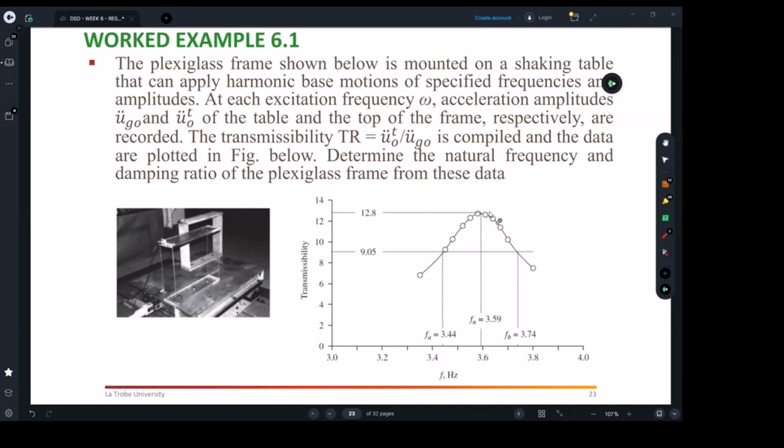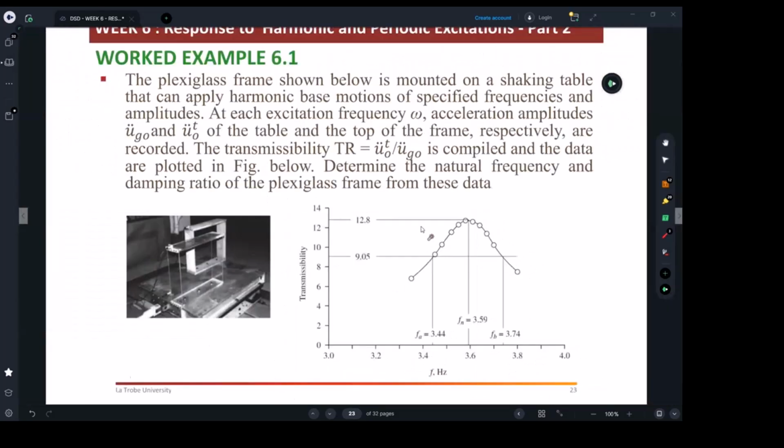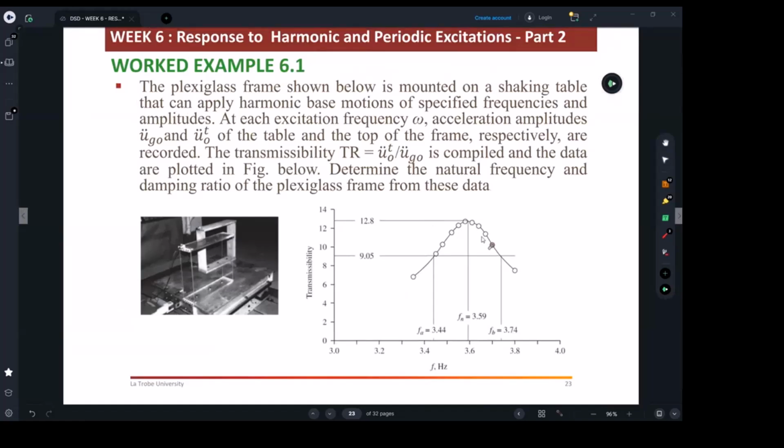If we're testing a floor, you can sense high vibrations or high displacement within the floor. But again, the sensors will tell you the exact figures. So the plots are done, and from the plot, they wanted you to find the natural frequency and the damping ratio.